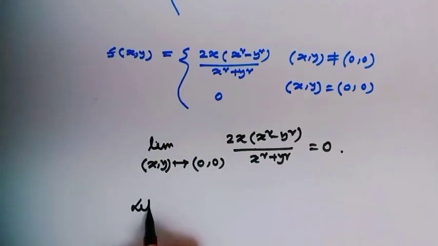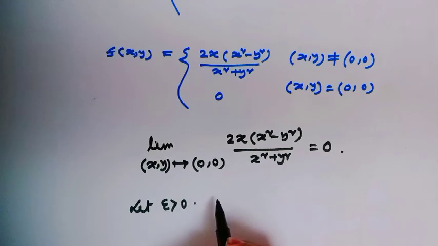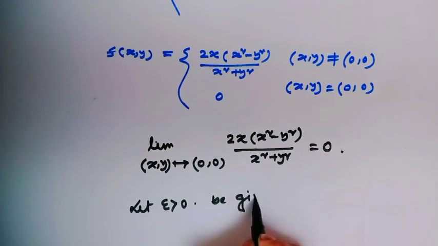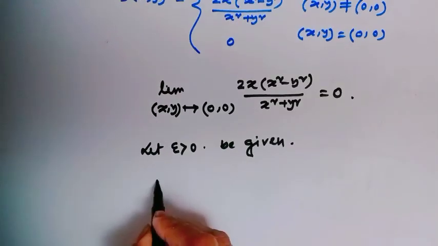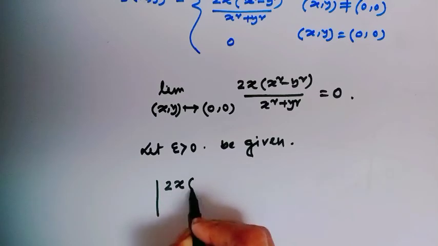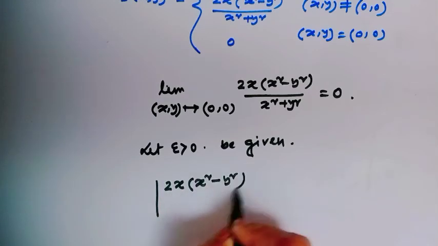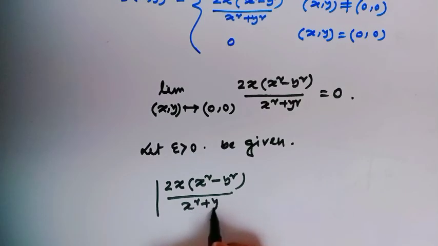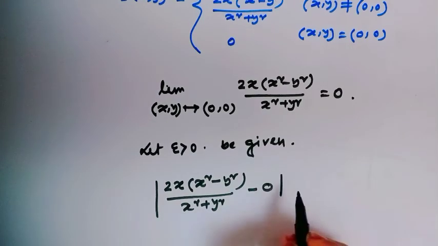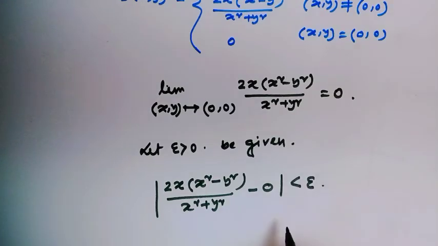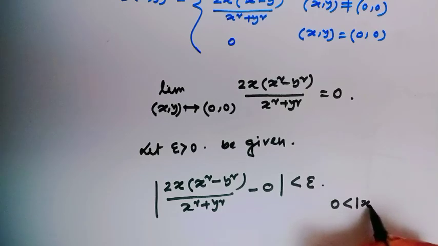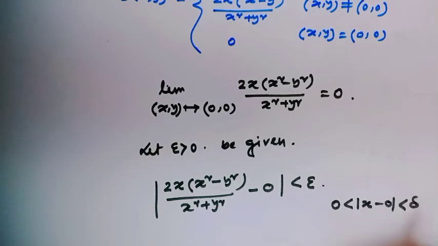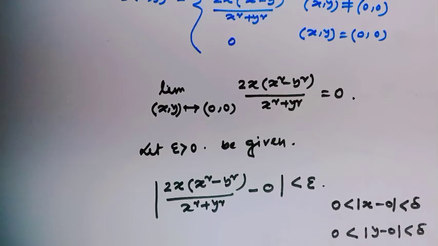Let epsilon greater than 0 be given. Then the absolute value of 2x times (x square minus y square) over x square plus y square minus 0 is less than epsilon, whenever 0 less than absolute value of x minus 0 less than delta, and 0 less than absolute value of y minus 0 less than delta.